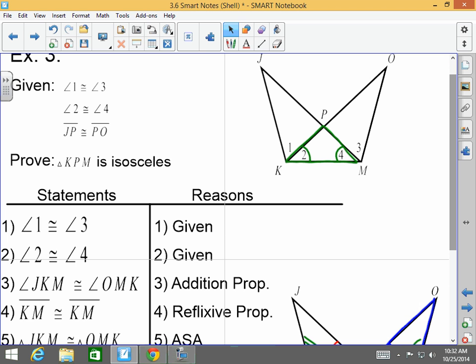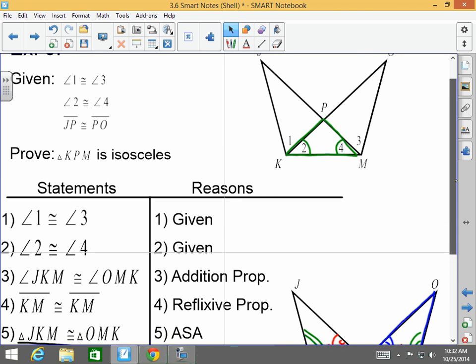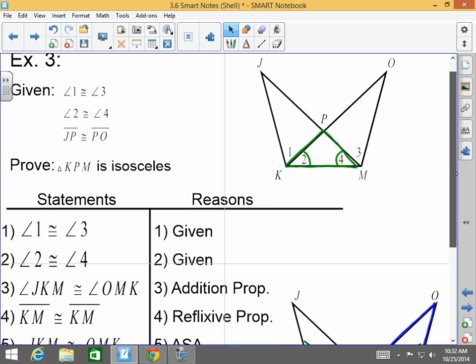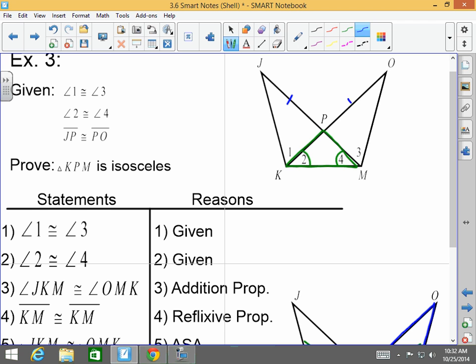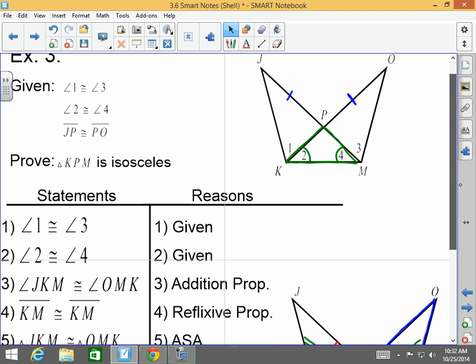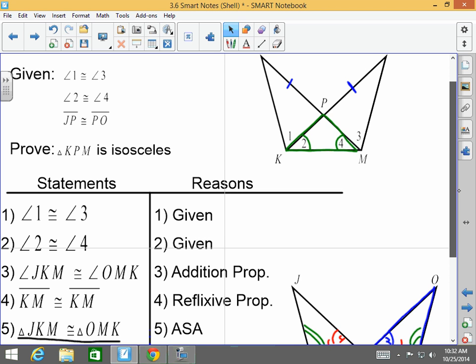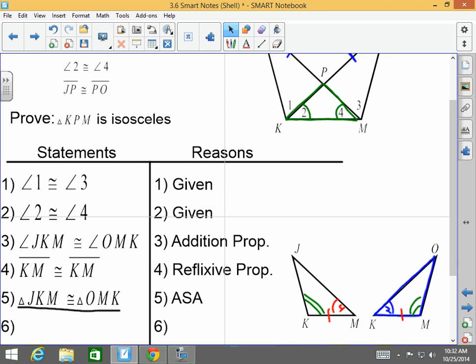And they also tell us that JP is congruent to PO. Well, then that means that KP must be congruent to MP because of the subtraction property.